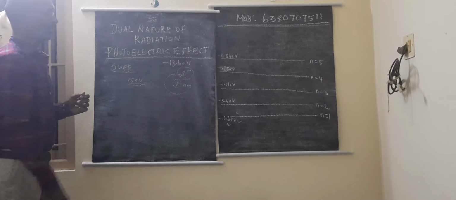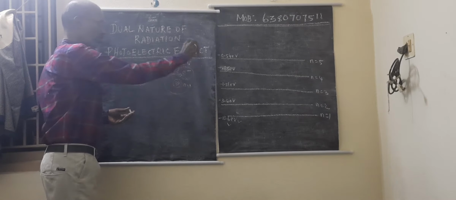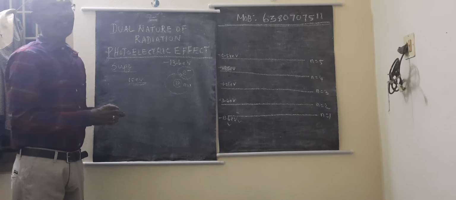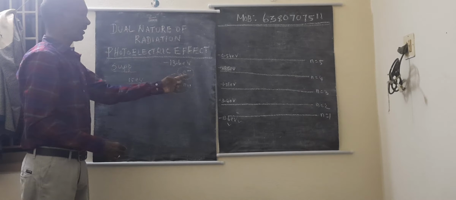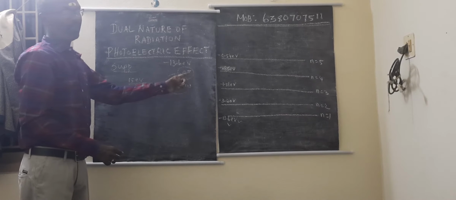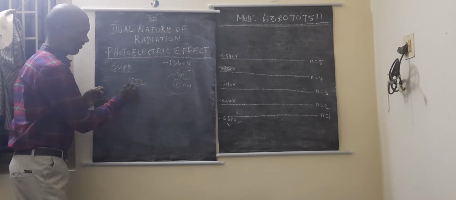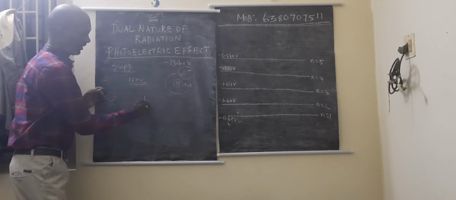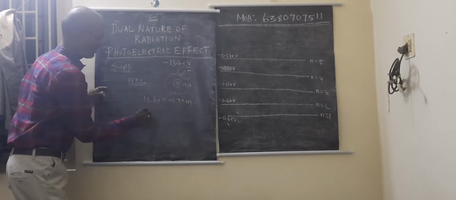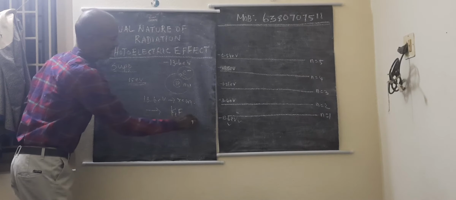So what will happen? This 13.6 electron volt will be utilized to remove the electron from the atom, and the remaining energy will be utilized as the maximum kinetic energy of this electron. So if you are supplying 15 electron volt, 13.6 is used to remove the electron, and the remaining will be the maximum kinetic energy of the electron.